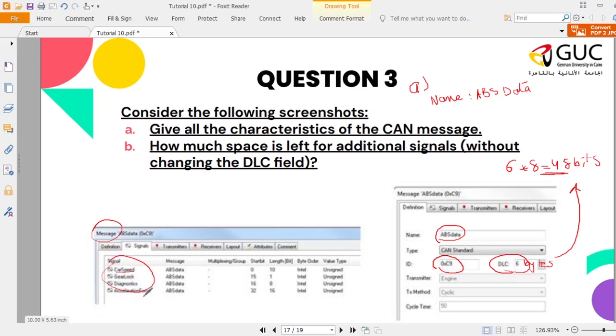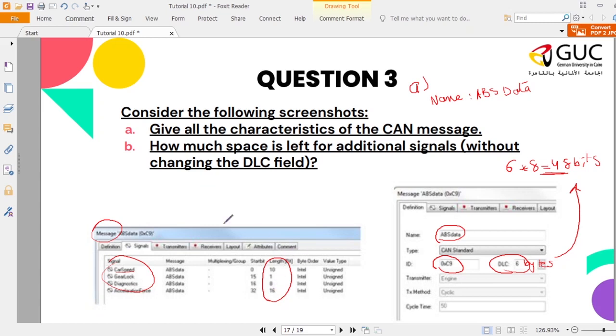Okay, and we have the length of each signal in bits. This concerns the second part of the question, which says how much space is left for additional signals. Okay, so we will add up these bits.